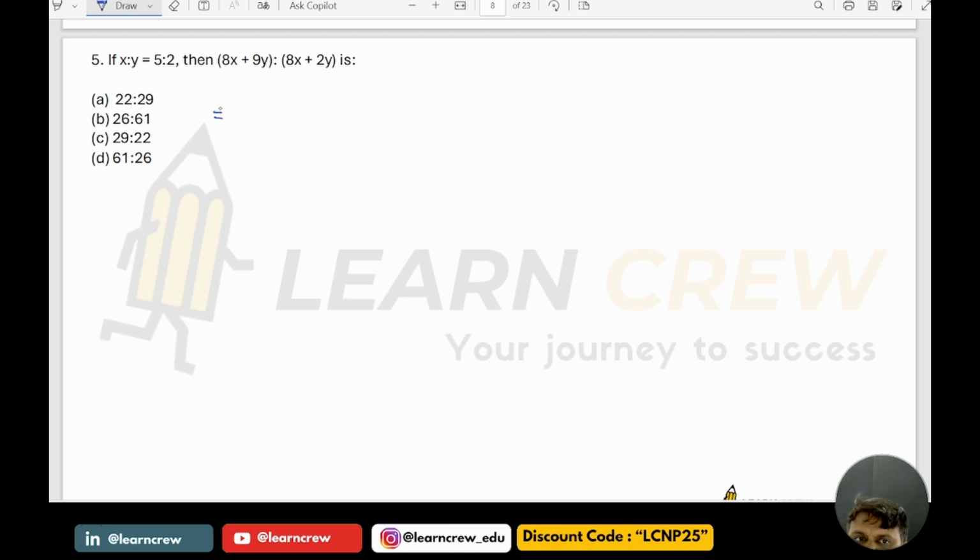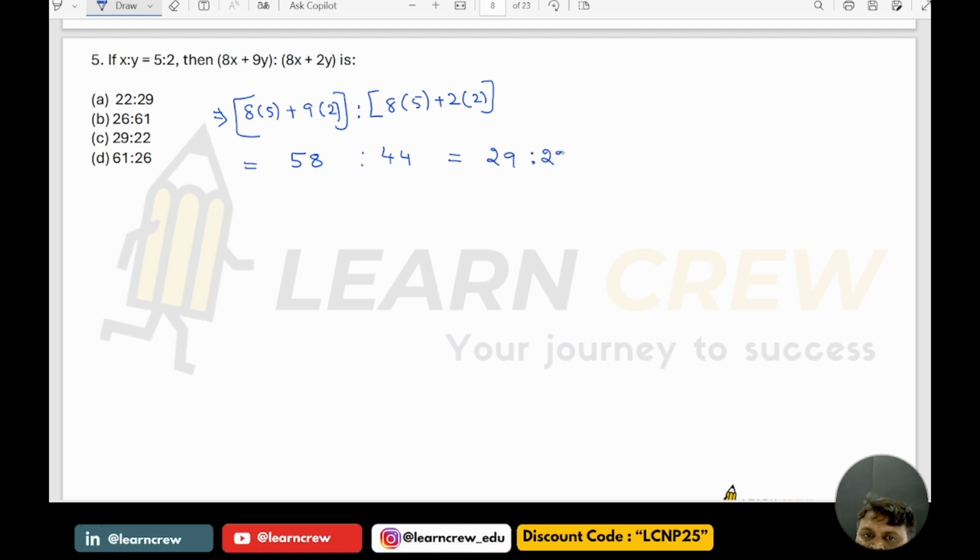So simply in place of x keep 5, in place of y keep 2, and whatever ratio you get after substitution, that is the answer. So how much are you going to get? 40 plus 18, 58, and 40 plus 4, 44. 2 29s are, 2 22s are. So the answer is 29 is to 22.